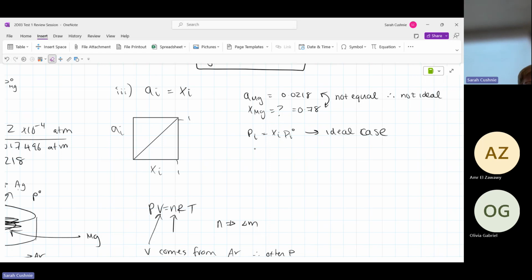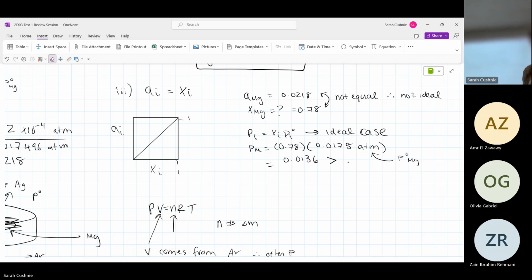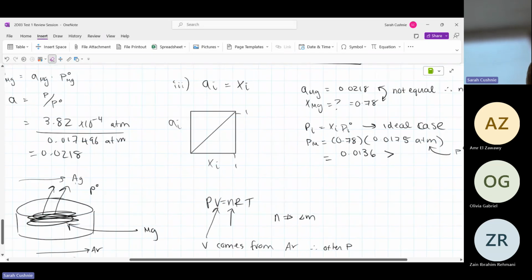So we could say that P_Mg is equal to 0.78 times the saturated pressure of 0.0175 atmospheres, and you would find a value of 0.0136.